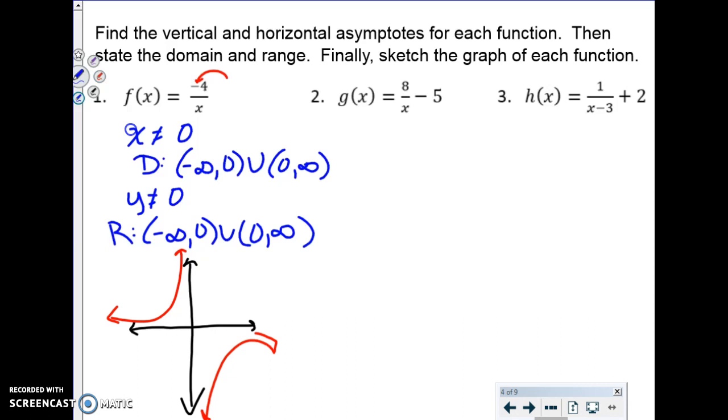For this one, again, my domain does not equal 0, because I cannot have 0 in the denominator of that fraction. But then my parent function has been shifted down 5 units. So what's going to happen is y is not going to be able to go through -5.